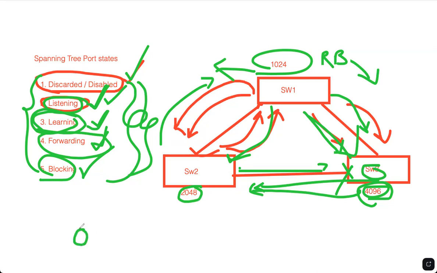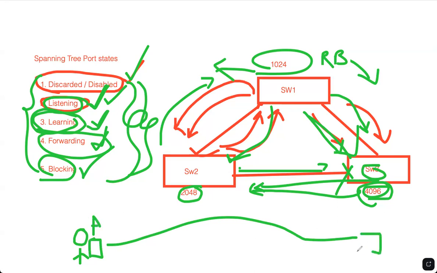Let's take a user who is here. He's trying to go to a destination. He has one path to go. Let's say he's in Austin, Texas, and he wants to go to Chicago. He has one road he can take, but let's say there is a loop in the road.